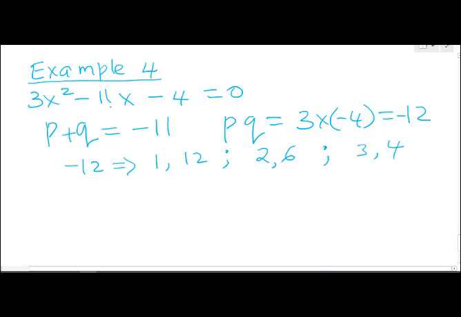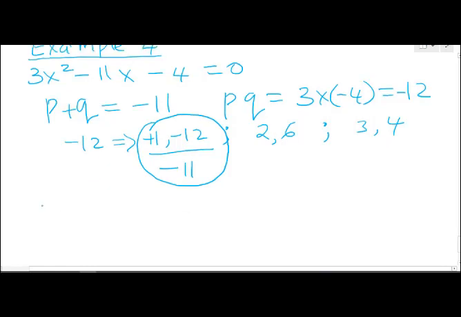Considering the coefficient of x, we learn that the sum is negative, meaning that the big value is negative, the small value is positive. And if we do so, we have plus 1 and minus 12. And if we add the two, we get minus 11, meaning that this is directly our choice for p and q.